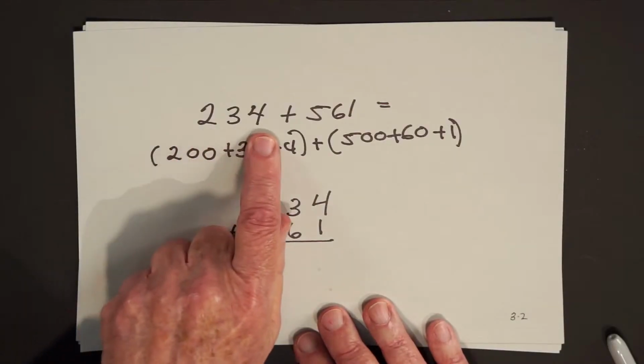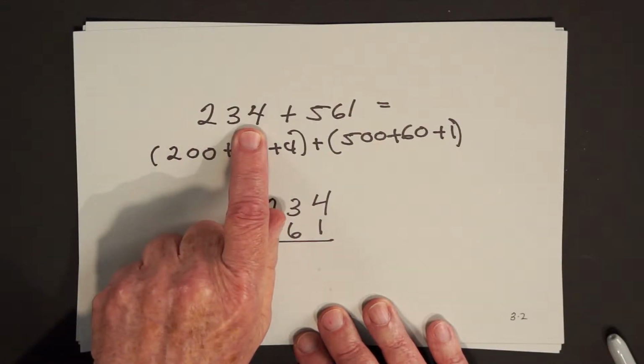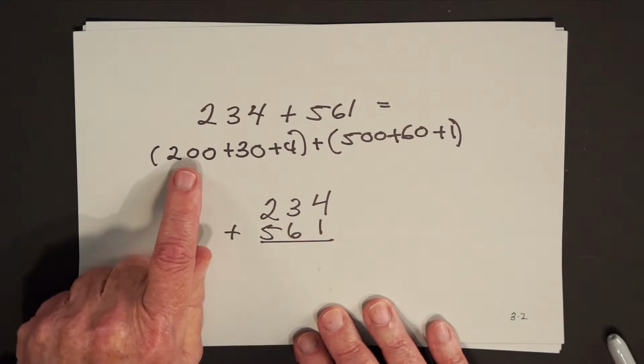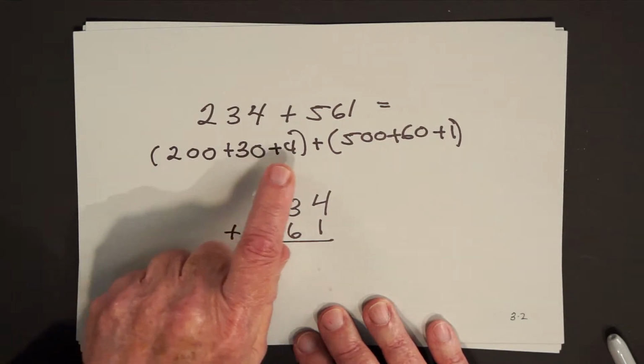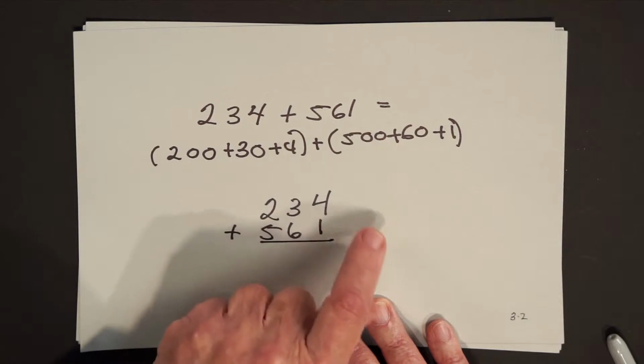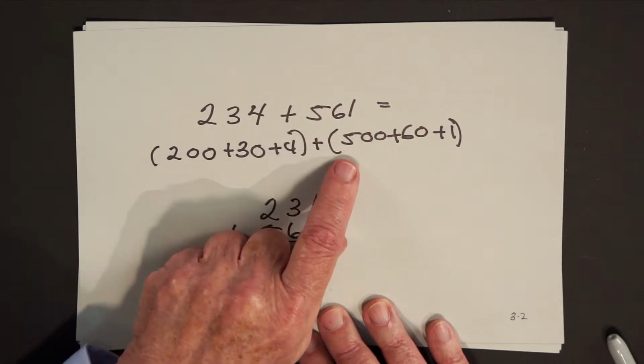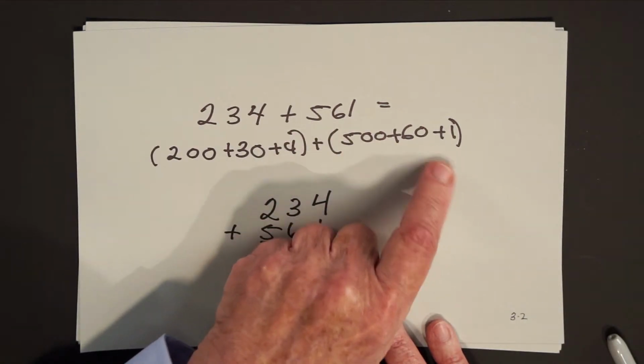All we're trying to do is show a different way to internalize it, to make it more natural for students. What does this really say? 234 written in place value is an abbreviation for 200 plus 30 plus 4. And 561 is an abbreviation for 500 plus 60 plus 1.